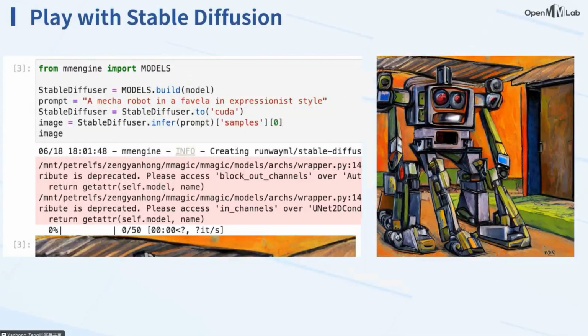So after defining all the details of the models in dictionary style, we just need to use MODELS to build our model. So in these 4 lines, we are able to build our stable diffusion model and then pass the text prompt into the model to get our image result.